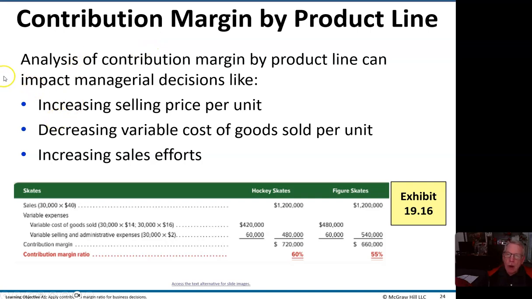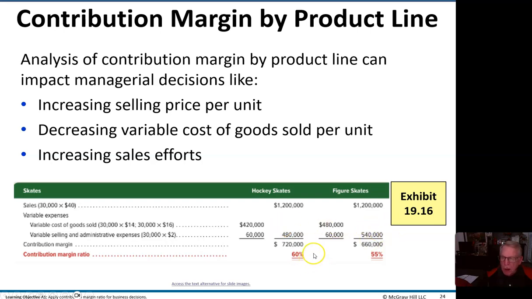So an analysis of contribution margin by product line can impact managers' decisions. It can result in increasing the selling price per unit or decreasing the variable cost of goods sold per unit, and maybe even increasing our selling efforts. So here we have a situation where hockey skates and figure skates are sold for the same amount of money, with slightly different variable costs for the hockey skates versus the figure skates.